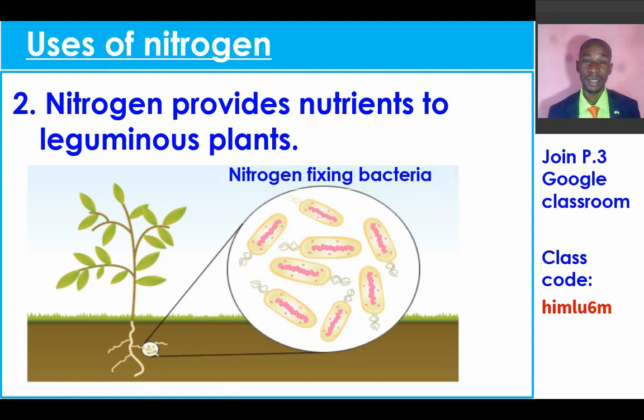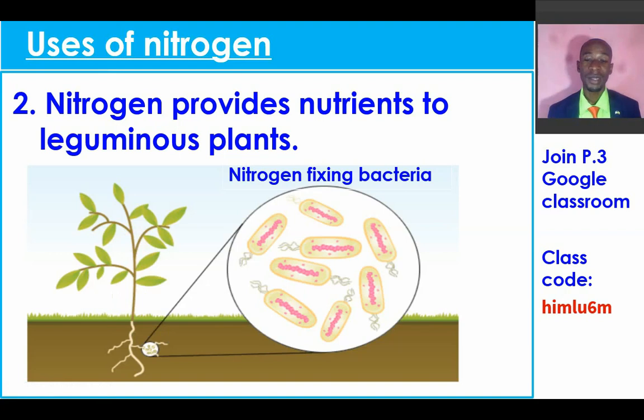Okay? Now, this nitrogen that is fixed is the one that is used by this plant. It produces, first of all, different nutrients. Then among them we have proteins, as we have seen. So the plant uses the proteins, like we need different nutrients in our bodies to grow well.